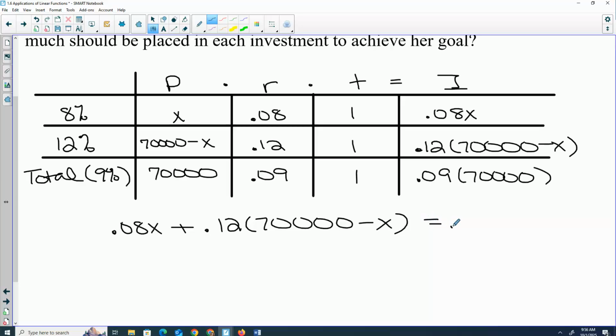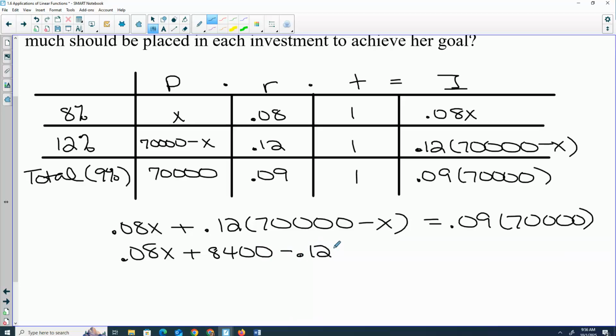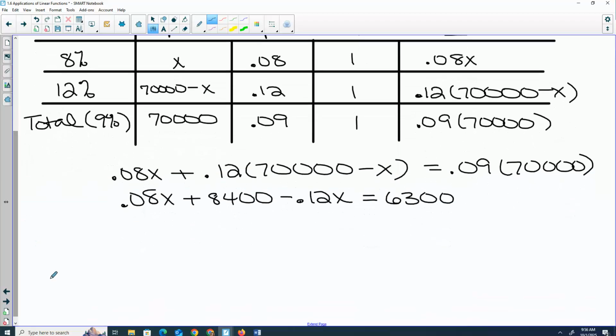You add the first two to equal your total. Combine like terms. Let's subtract over, and we get 8,400.